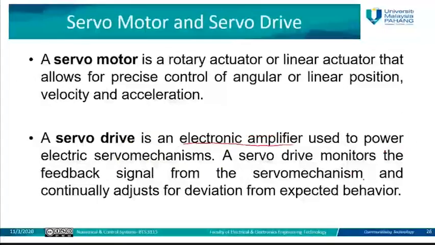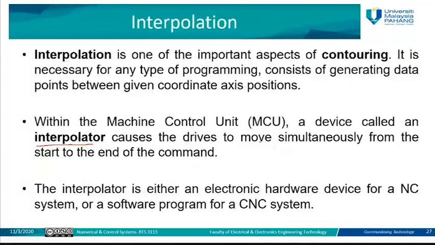So an interpolator is a device that will generate the coordinates for the simultaneous movement of the machine. The interpolator can be electronic hardware, that means a device, in the case of numerical control machines, or it is a software program in the case of the CNC systems.